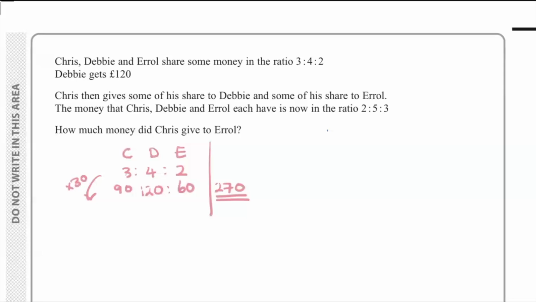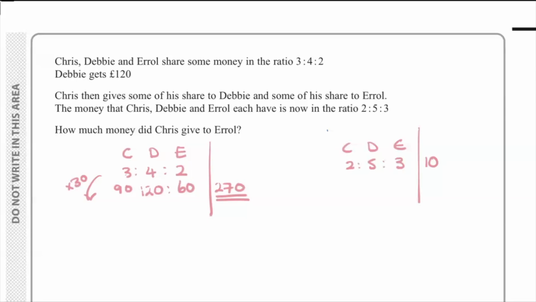But the total that they share isn't going to change. And it's that fact that we take with us into the next step. So we're going to end up with this new ratio of 2:5:3. Now this ratio, as it stands, adds to a total of 10. So when Chris has got 2, Debbie's got 5, Errol's got 3, between them they've got £10.